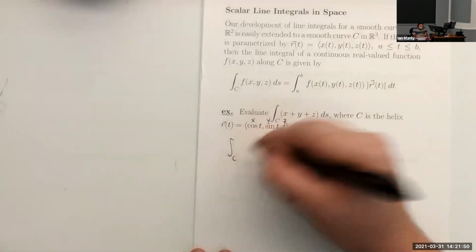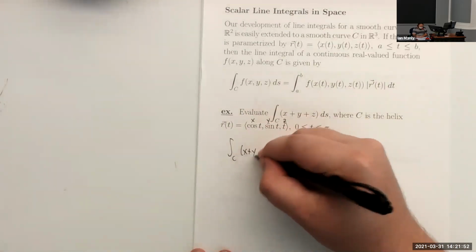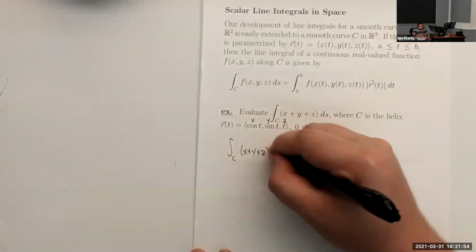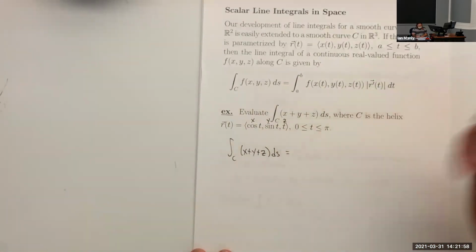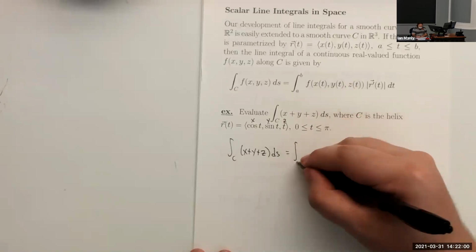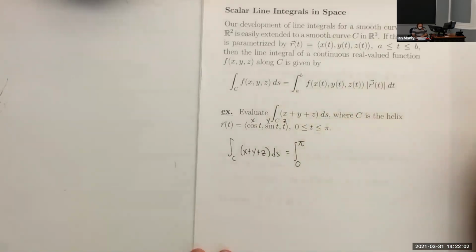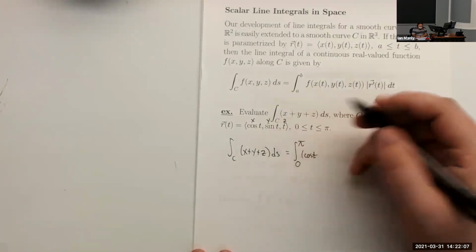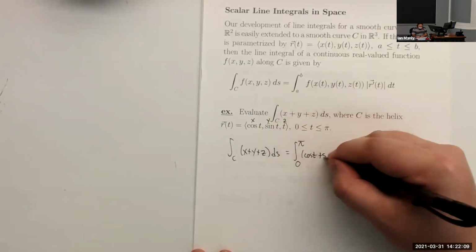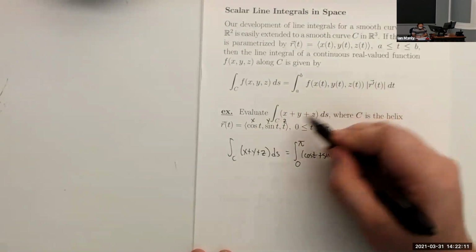So let's go ahead and rewrite our line integral in parametric form, or with respect to dt. They actually gave us our a and b as well, so they're pretty nice on this one. We know this is going to go from 0 to pi. X is cosine of t, y is sine of t, and z is t.